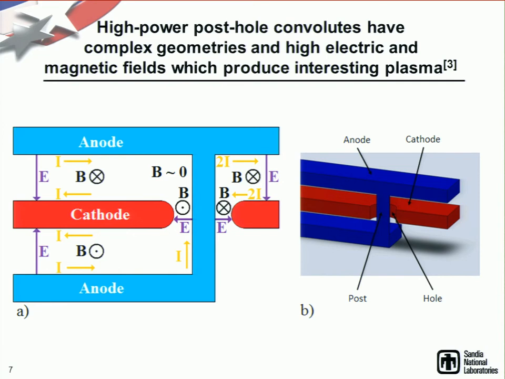The complicated thing is if you use your right-hand rule, you have current flowing in this direction in both cases, but the magnetic field is actually into the page here and out of the page here. So if you follow that, at some point there's a transition between into and out of the page where the magnetic field goes to 0. Now, when you're relying on your magnetic field to insulate your transmission line and it goes to 0, there's some problems.